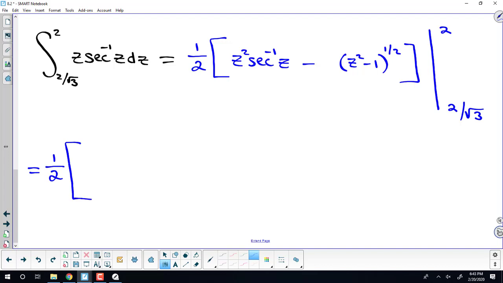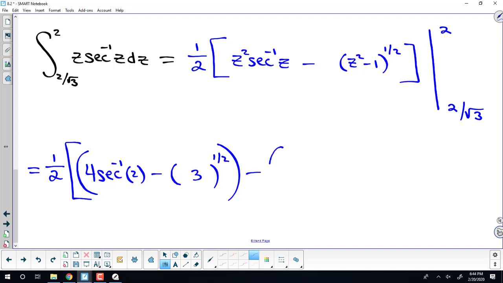So we have 2 squared times the inverse secant of 2 minus 2 squared minus 1 to the 1/2. So there's f of b, the antiderivative at the upper bound. We subtract off our antiderivative at the lower bound.